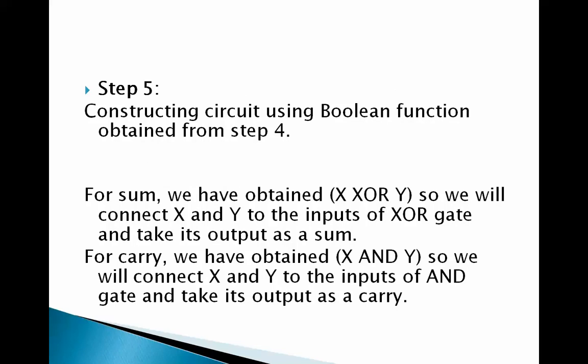For constructing this circuit, we require just an XOR gate and an AND gate. For sum, we have obtained x XOR y, so we will connect x and y to the inputs of the XOR gate and take its output as sum. For carry, we have obtained x and y, so we will connect x and y to the inputs of the AND gate and take its output as carry.